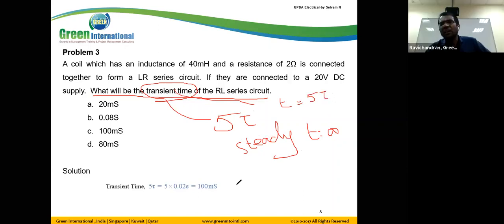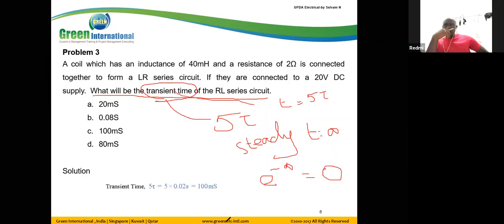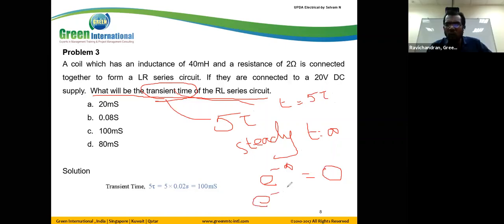So e to the power of minus infinity gives the exact value of 0. E to the power of minus 5 tau gives 0.00000 like this, not 1.